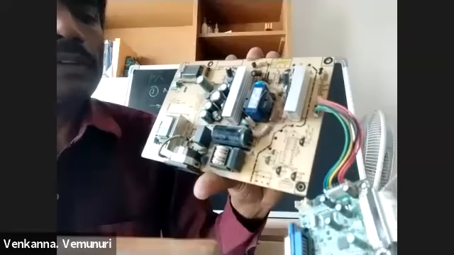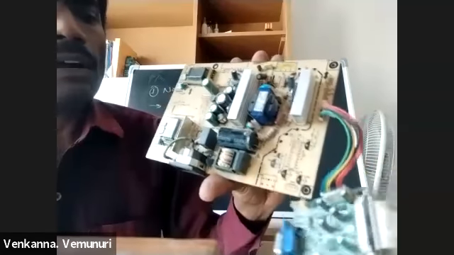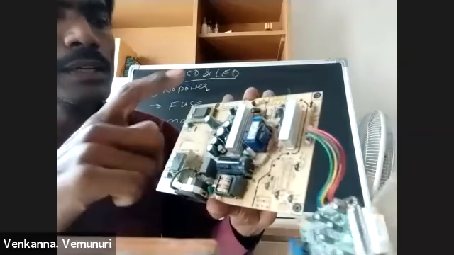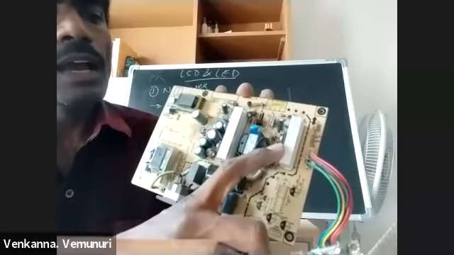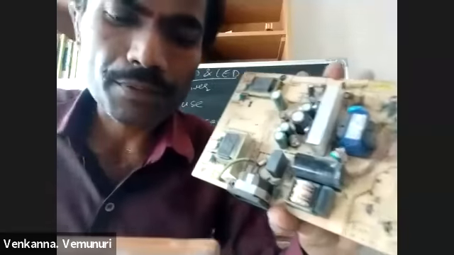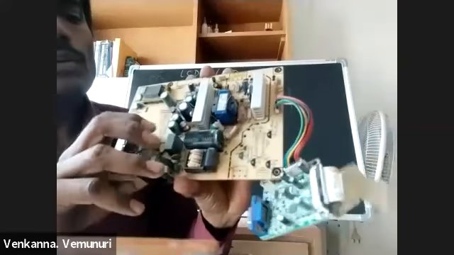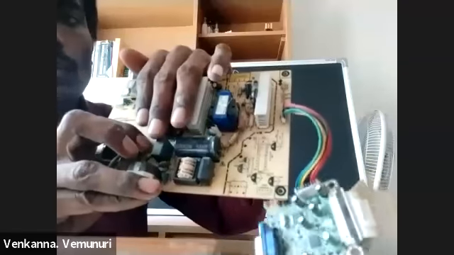First we do the physical observation. After that we check this fuse and this switching FET using a multimeter. We are checking these two components, and now these are all okay.